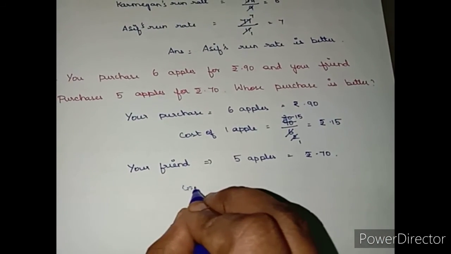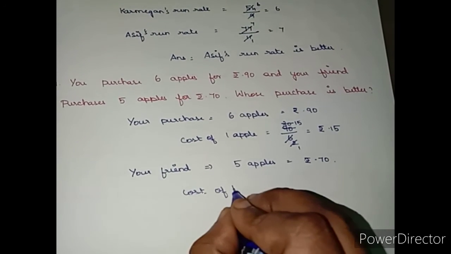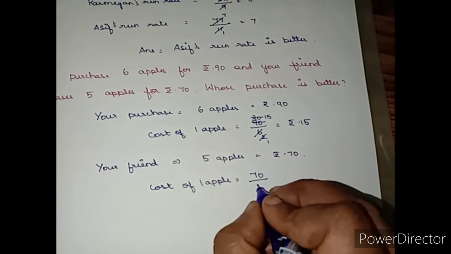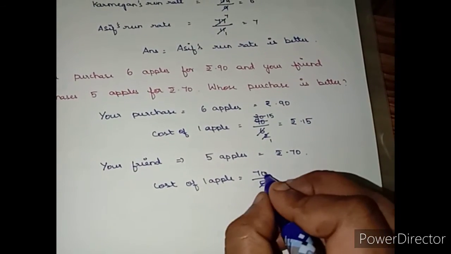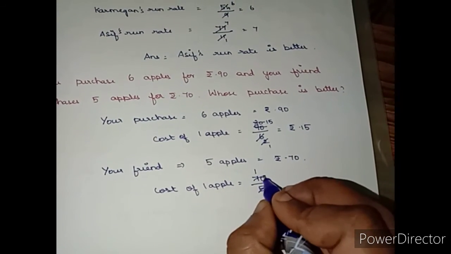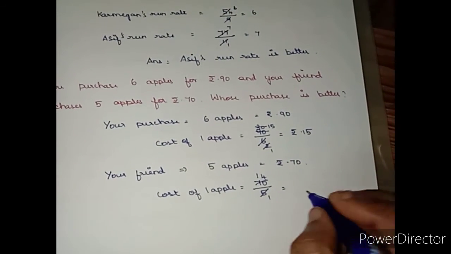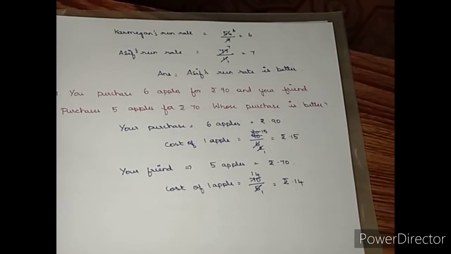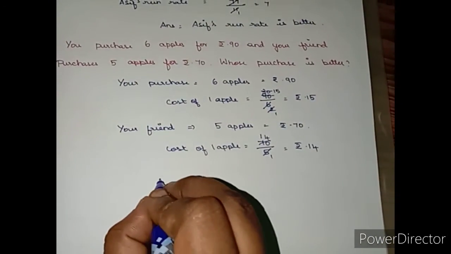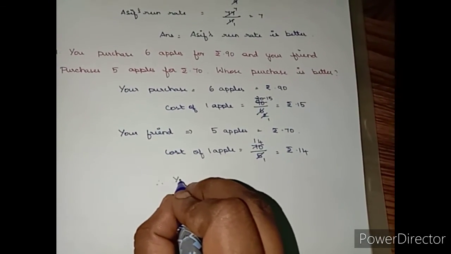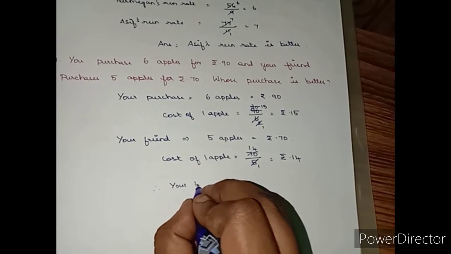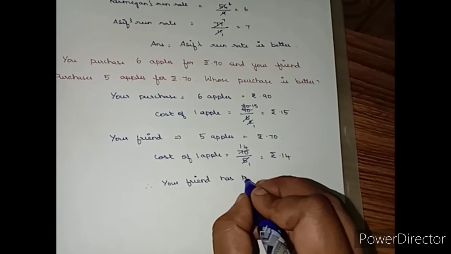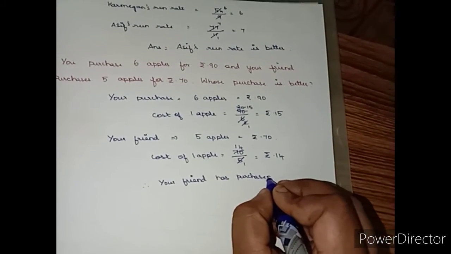So the cost of 1 apple of his purchase is 70 rupees divided by 5. 5 table 1 time, 5 table 1, 14. So he has purchased 1 apple for rupees 14. Therefore, who has purchased better? Yes, your friend has purchased better.